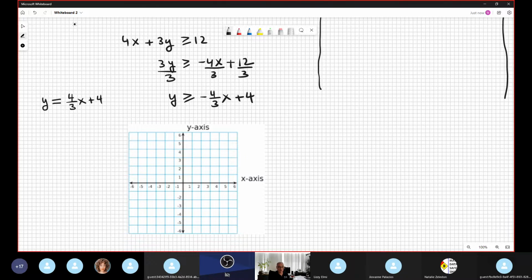So at this point, 1, 2, 3, 4 belongs to the line. And the slope is 4 over 3, so 4 over 1, 2, 3, 4 is 8 approximately. And 3 in the other direction. 1, 2, 3. We have 2 points. We connect in this case by a solid line because the inequality is greater than or equal, and you shade or highlight the part above the line because it's greater.